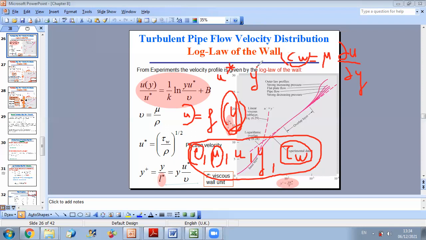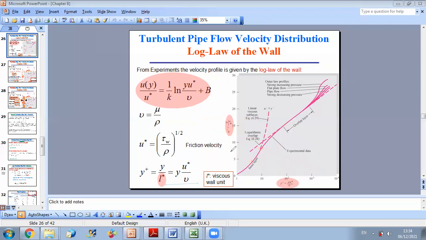So this is our purpose at the end. Here they propose the names u plus and y plus. You can do what you want. What is important is that you understand what they are doing. They decided to name the pi groups u plus and y plus, and they want to find what these groups are.